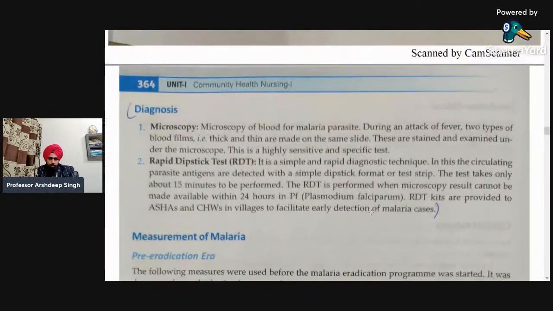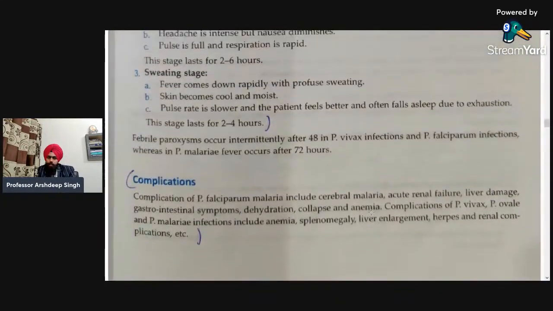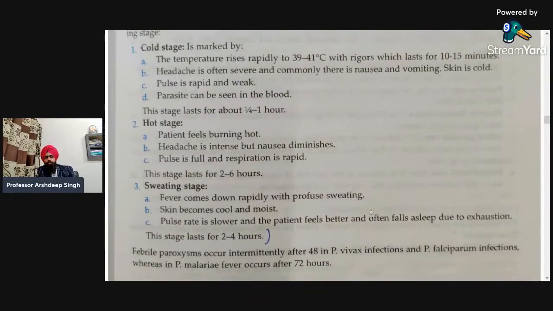Next is about the complications and other things. These I will complete in the second part, which I will explain next week. So I have completed the first part of this disease, malaria.